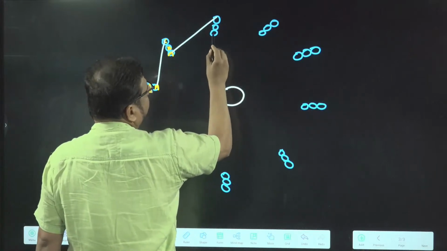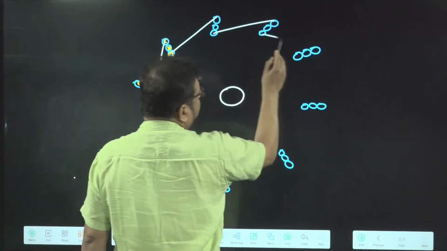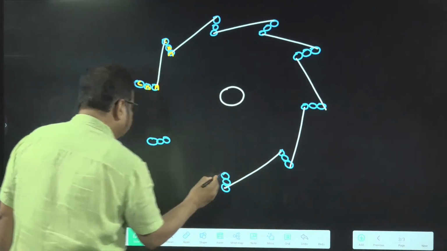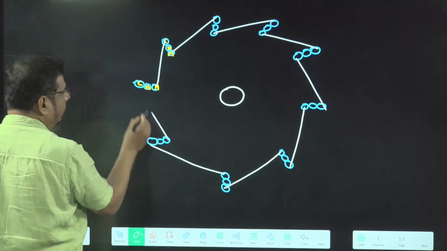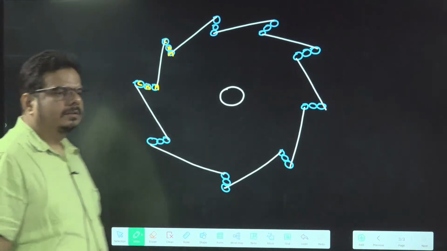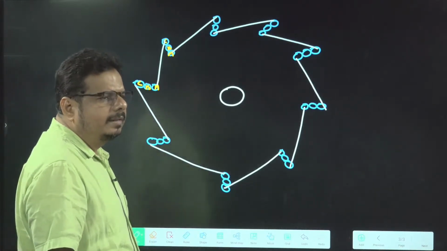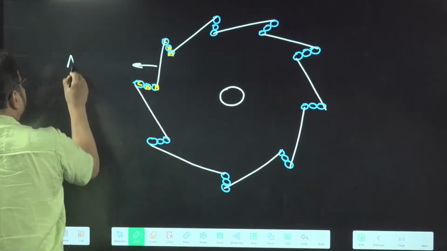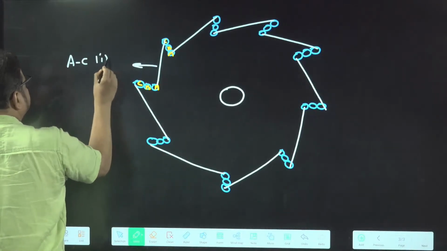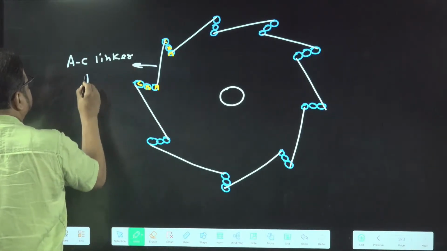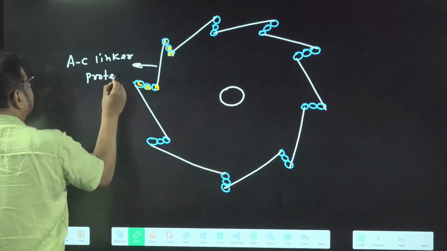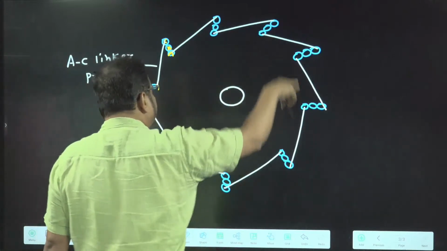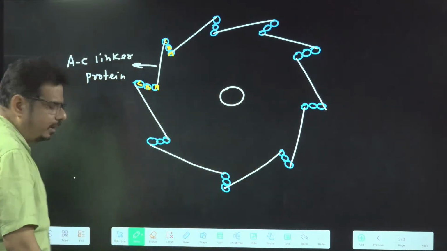So they join by which one? A and C linker protein. AC linker protein is present here. Getting the idea? So each triplet is joined with the help of AC linker protein.